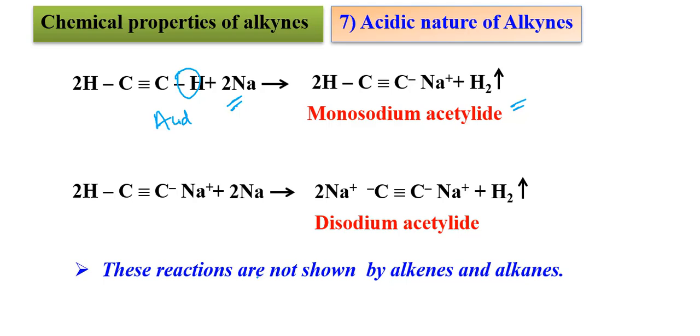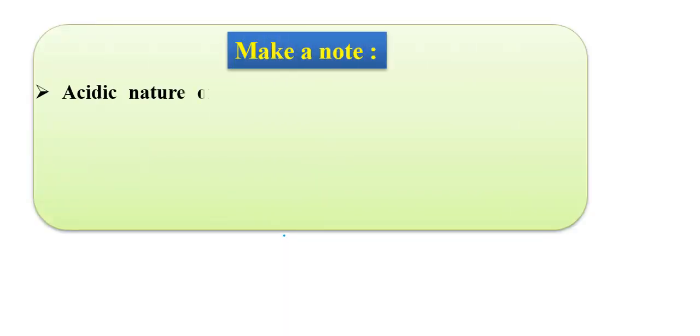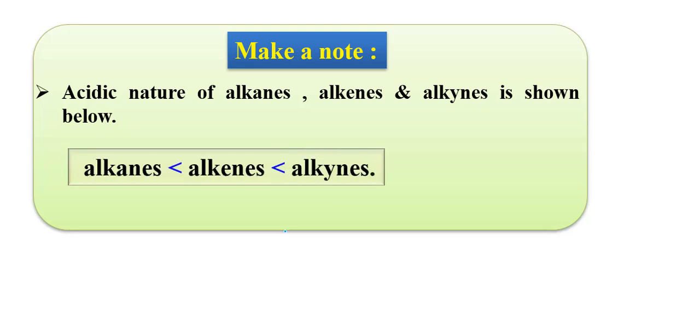These reactions are not shown by alkenes and alkanes because those are not acidic in nature. Acidic nature of alkanes, alkenes, alkynes is shown below. Alkene is more acidic in nature than alkane, and alkyne is more acidic than alkene.